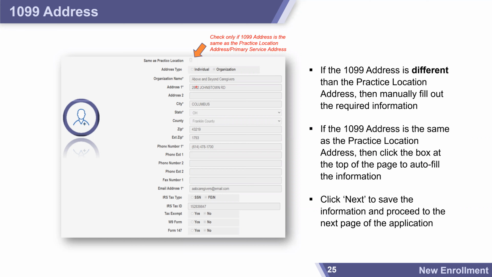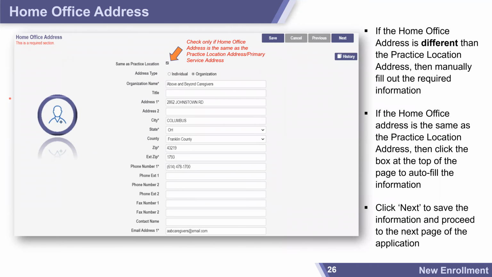Of course, once you hit next, you'll get that USPS pop-up. Make sure you hit accept and then hit next again to go to the next page. In this case, this is our final home or our final address section. This is the home office address. Again, if it's different than the practice location, you have to manually fill it out.